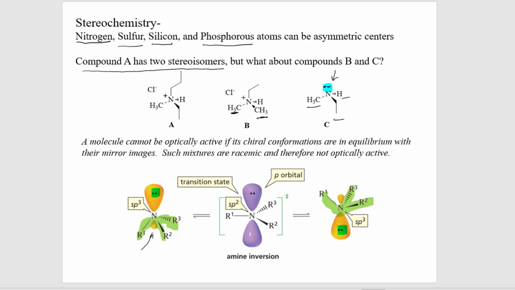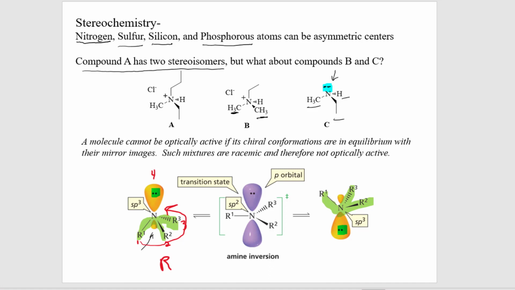Why? Well, if you treat the lone pair as the most insignificant group, even lower priority than a hydrogen because it's not even an atom, let's give that the lowest priority. Let's give all of the other ones their numbers, 1, 2, and 3. Notice that if I put the lowest priority group in the back, 1, 2, and 3 is turning the car to the right. Again, I'd have to be underneath looking with the lowest priority group going away from me.